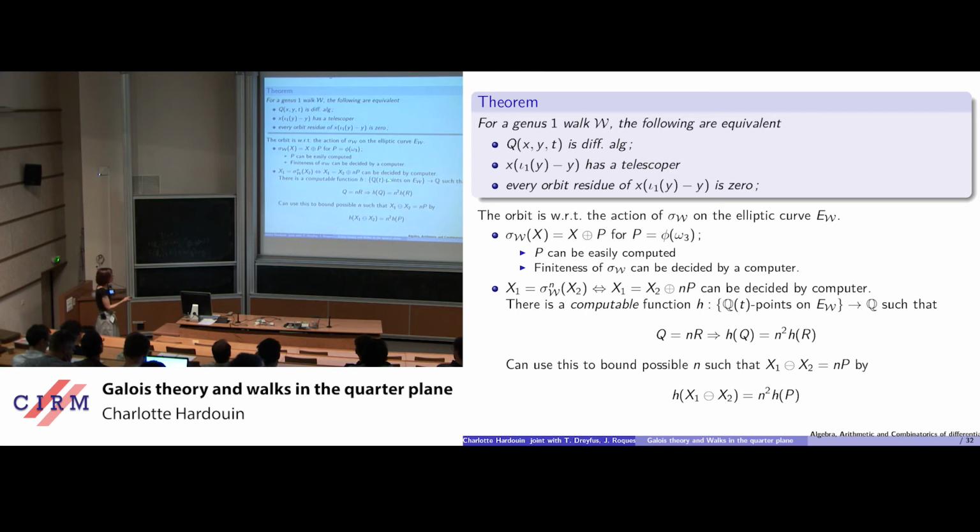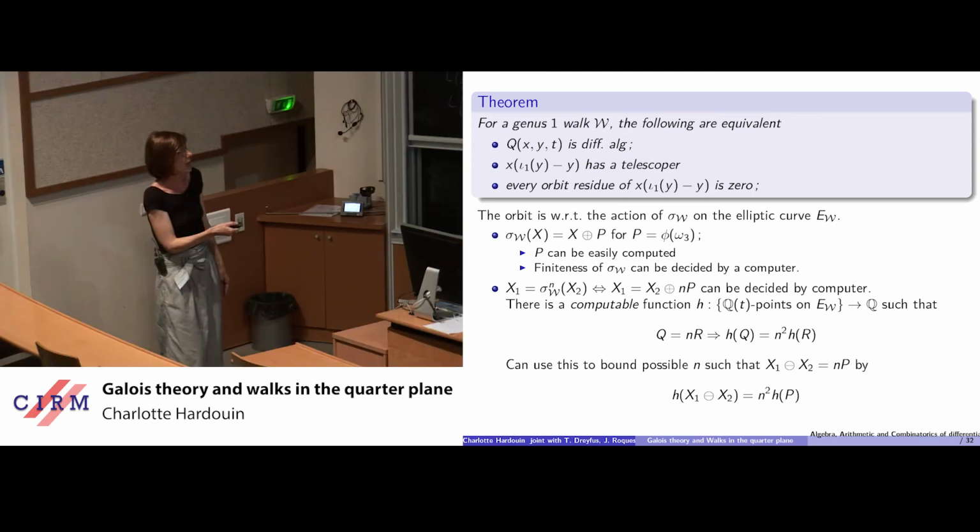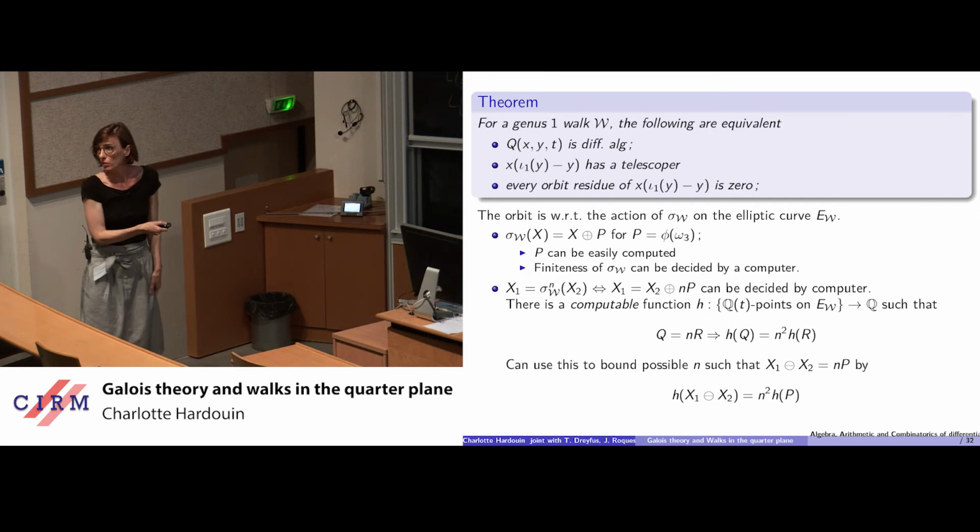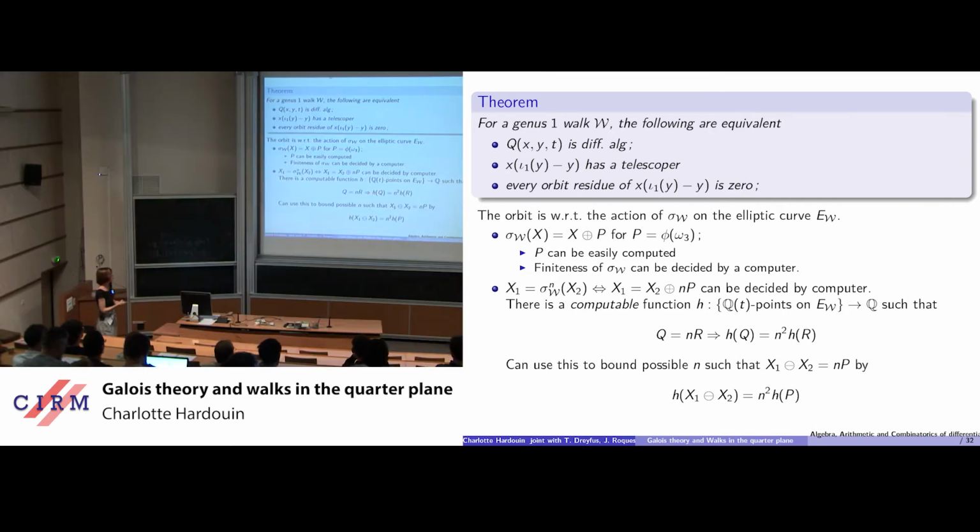And this can be decided because you compute the 8 of x1, the 8 of x2, and you are checking such kind of relation. And you have a bound on a possible integer n, and then you just compute it thanks to the computer. So I went very fast. Okay.